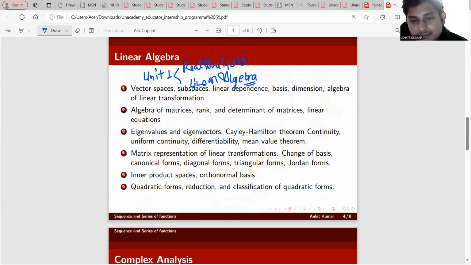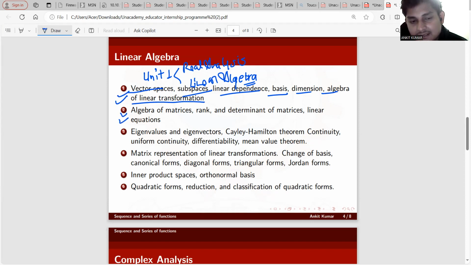In the linear algebra part, I will cover vector spaces, subspaces, linear dependence, basis, dimension, algebra of linear transformations. Vector spaces have more and more complicated things such as basis, dimensions, subspaces, counting of subspaces. So in the first part, I will cover the elementary things.